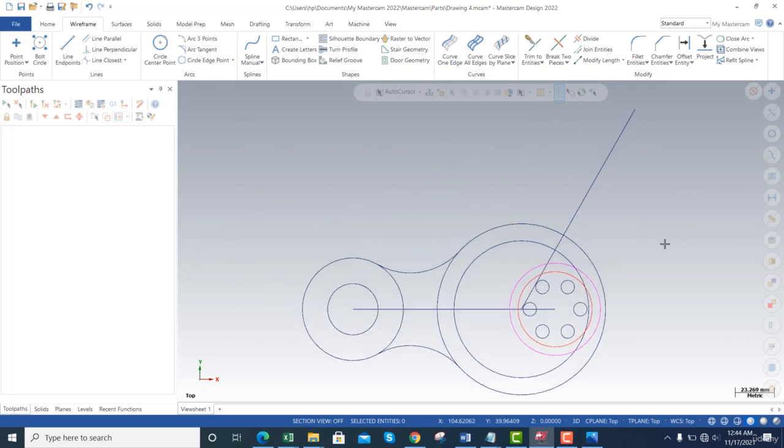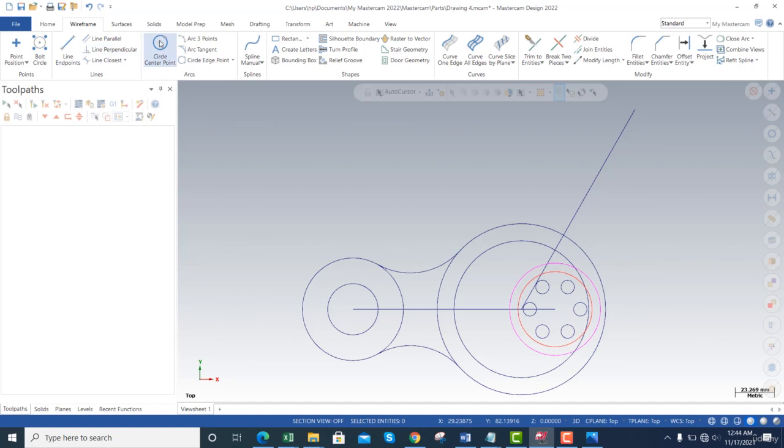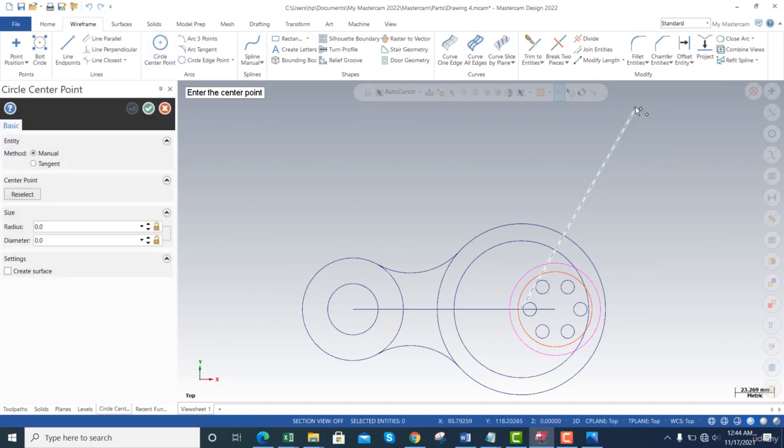Alt F1. Okay, now we are very close, but it's okay. First I will create a circle of diameter 20 and diameter 50. Diameter 20. No, it's red, diameter 20. And add another of diameter 50.